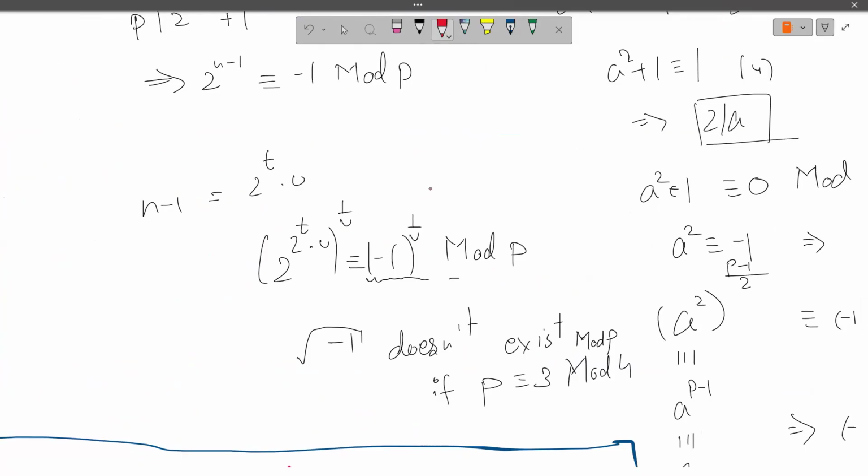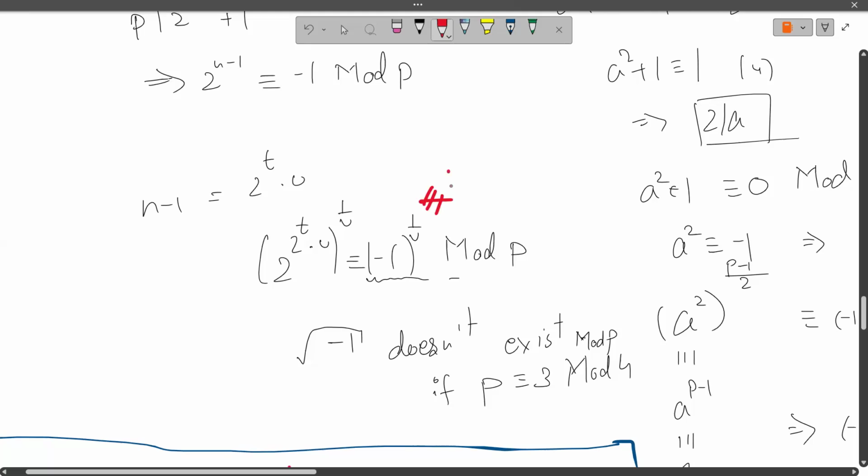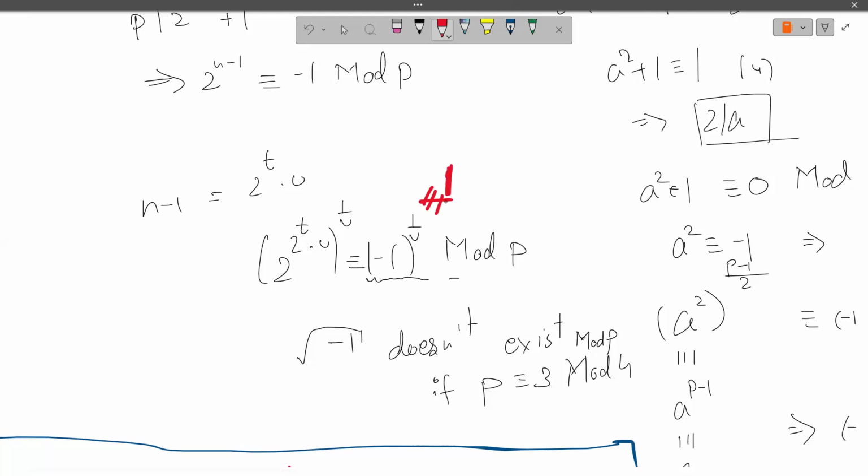It need not be 1. It can be odd, but then we raise it again, we square it again, and you keep squaring it, so why will it eventually give me a 1? So suppose the inverse exists and we aren't running into issues.